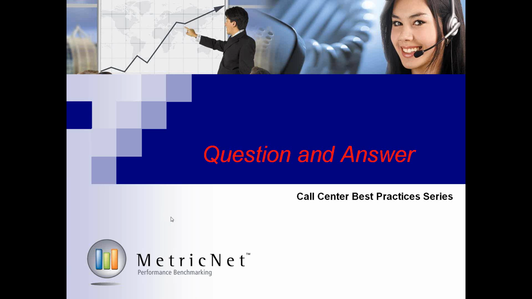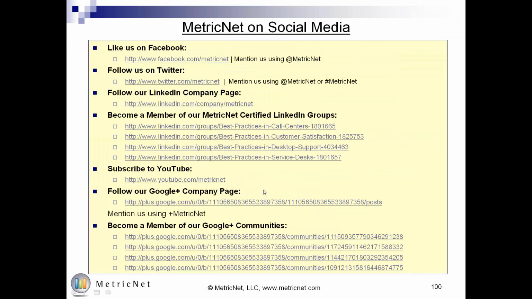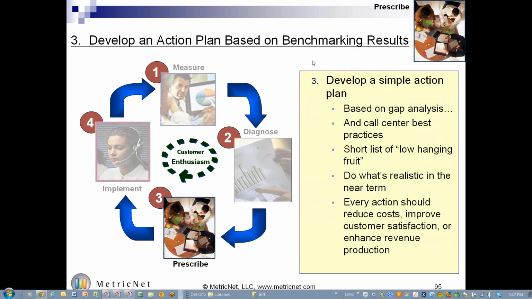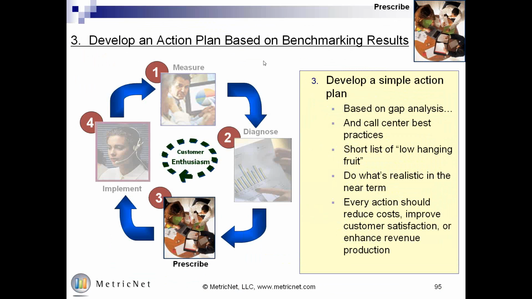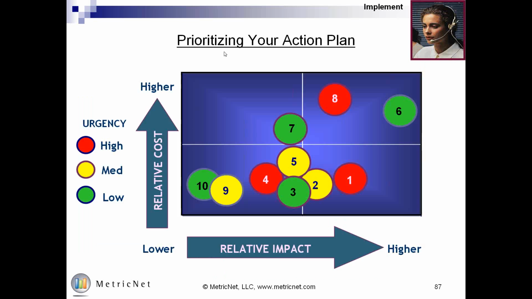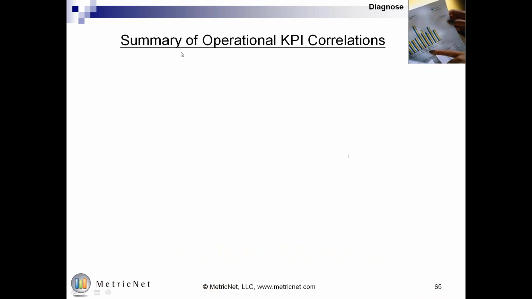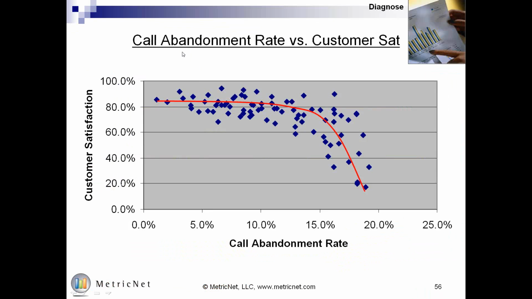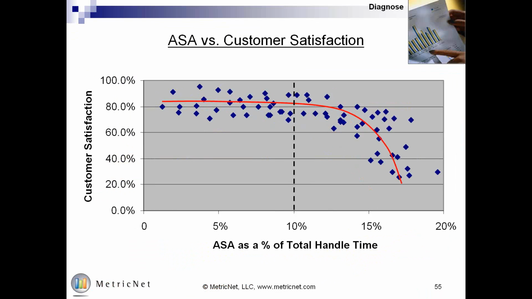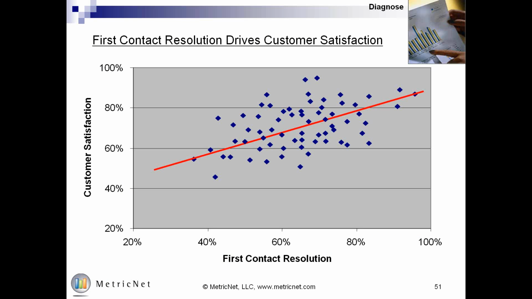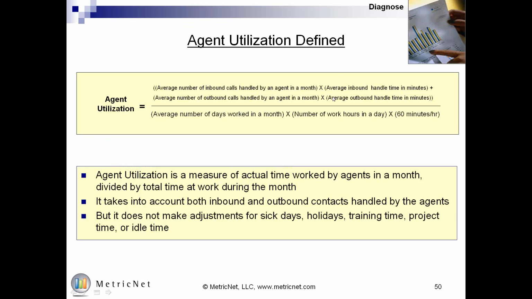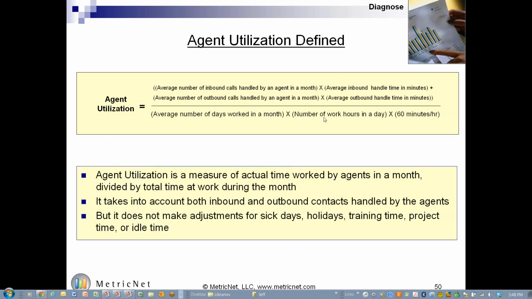Can you flash the utilization slide for calculating the measurement again? This is from Craig. Yeah, let me go back to that, Craig. Very briefly, measuring utilization involves looking at handle times, number of contacts handled per agent per month, both inbound and outbound. Here we go. So here's what you do.